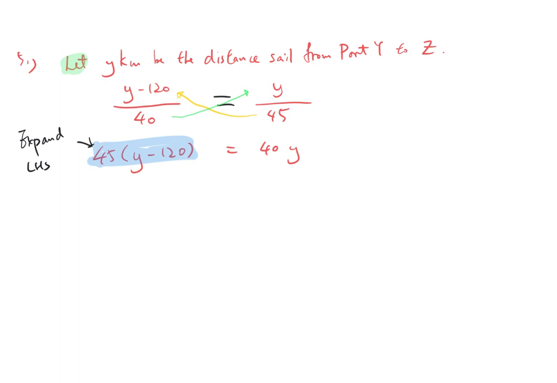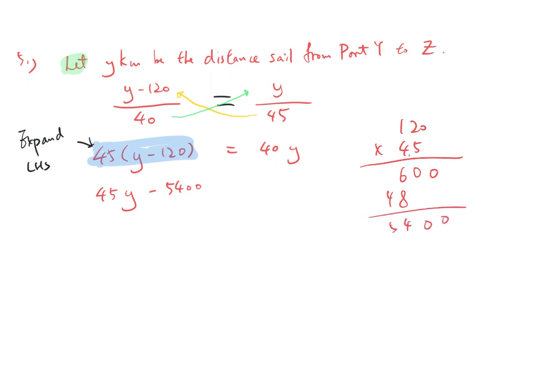Now we expand the left hand side, so it becomes 45y minus 5400, because 120 times 45 is 5400.